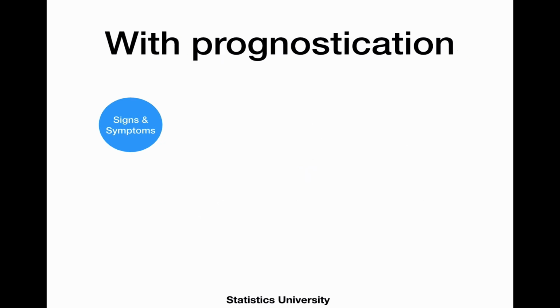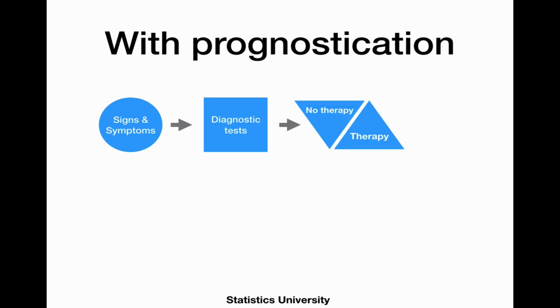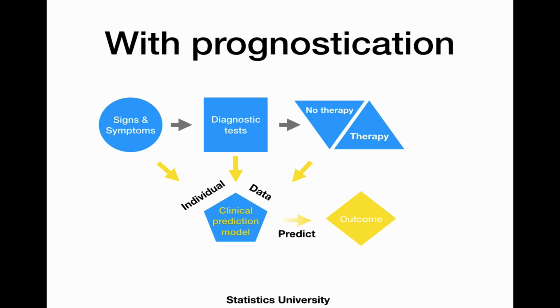But with prognostication, we can change this. We still have the same clinical process of signs and symptoms, diagnostic tests, and then therapy or no therapy. But we can now use information from all of these phases to build a clinical prediction model that allows us to predict the outcome for all individual patients.